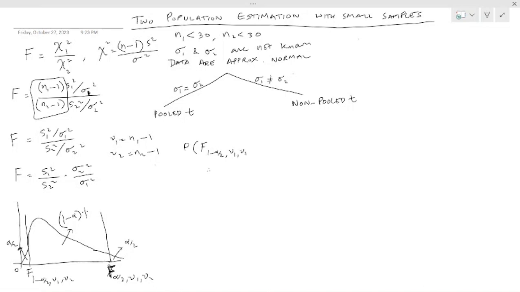So this is how we write down or specify the existence of F within the curve. Now, as usual, we take the central part inside the probability specification as this.